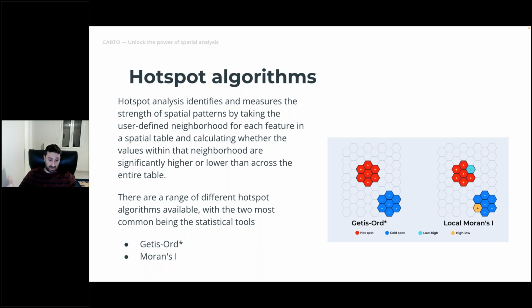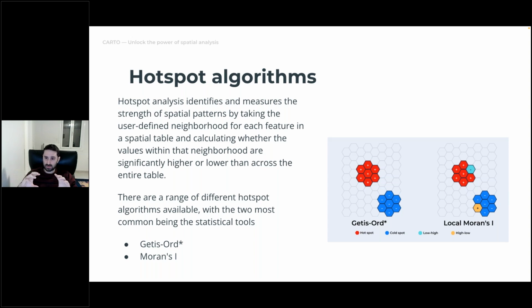So we have a lot of data. Now, regarding the hotspot algorithms that can help us identify and measure the strength of spatial patterns by taking the neighbors around a location and calculating whether something is a hotspot or not, usually we use two statistical tools which are very common in the literature: Getis-Ord and Moran's I.